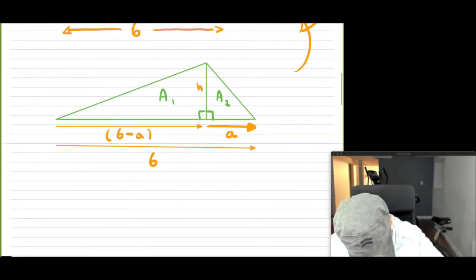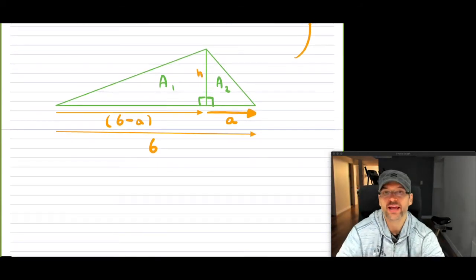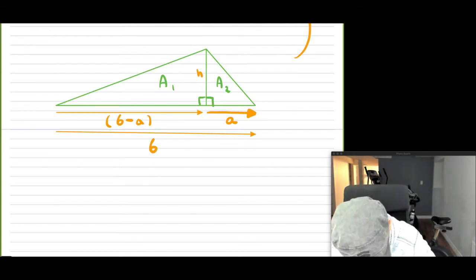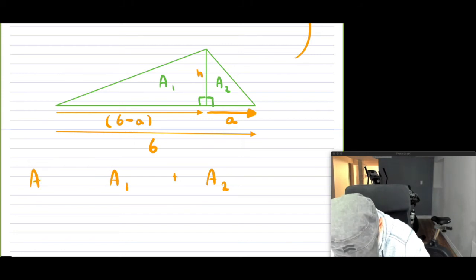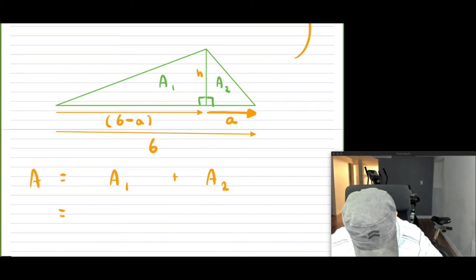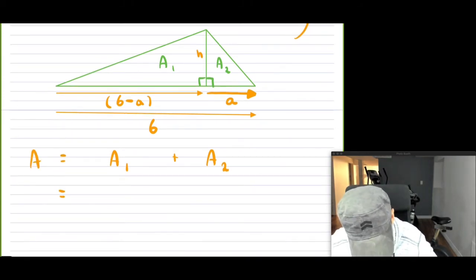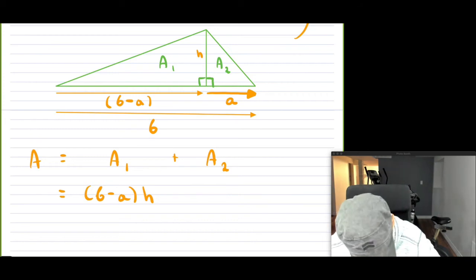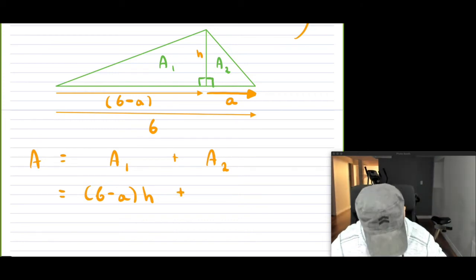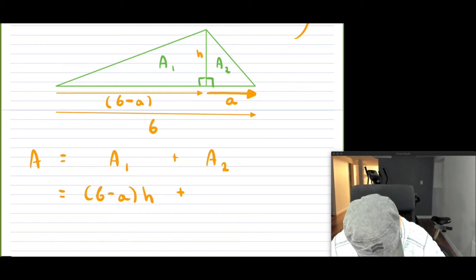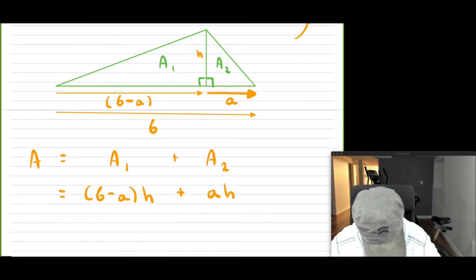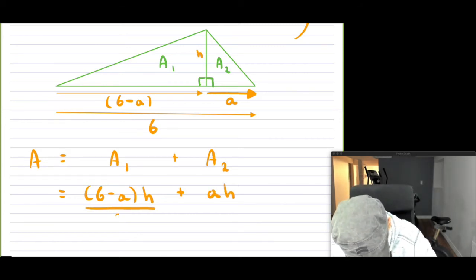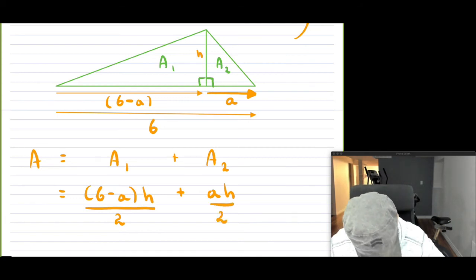Since these are two right-angled triangles, I can say that my area 1 plus area 2 is my overall area. Let me break this down. Area 1 is my base, which is B minus A, times my height, plus area 2, which is my base, in this case A, times H. Both of these, because they're triangles, are divided by 2.